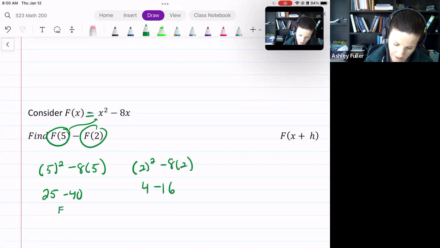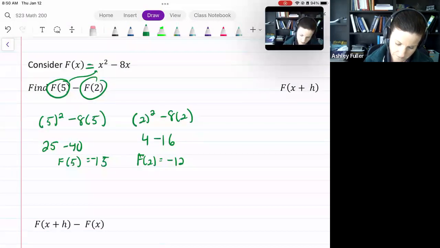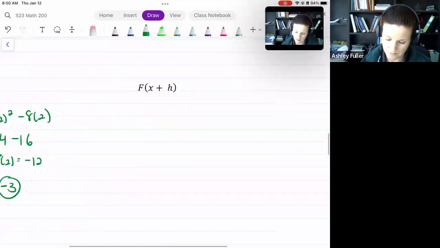So f of 5 is going to give me negative 15. F of 2 is going to give me negative 12. And so negative 15 minus negative 12 results in negative 3. Do be careful with those double negatives.